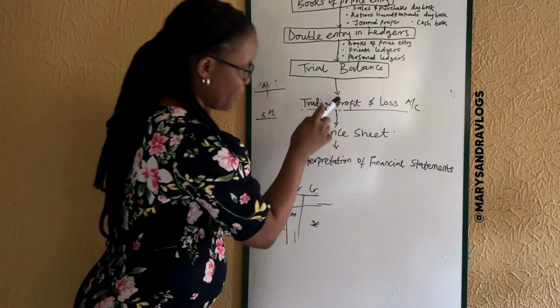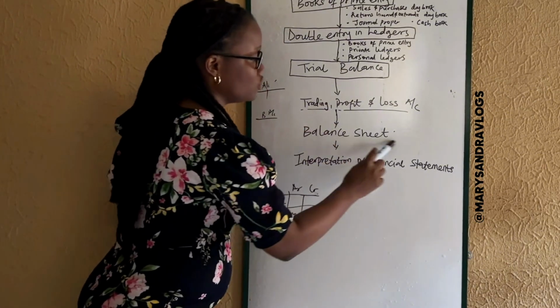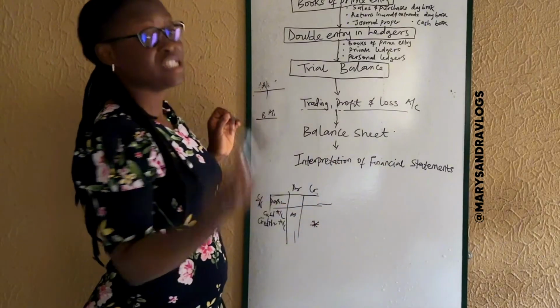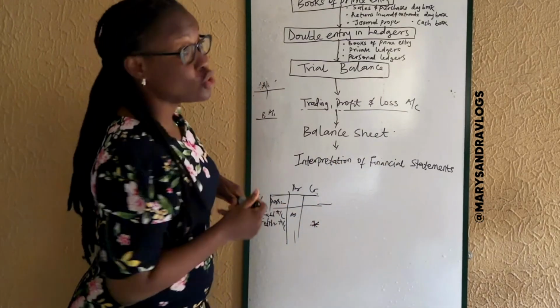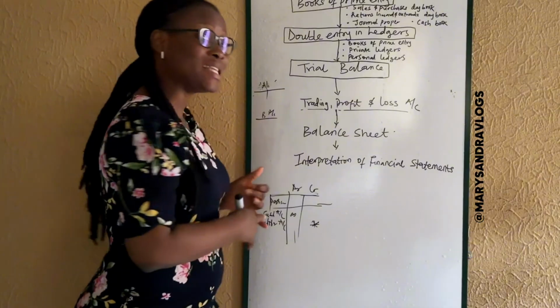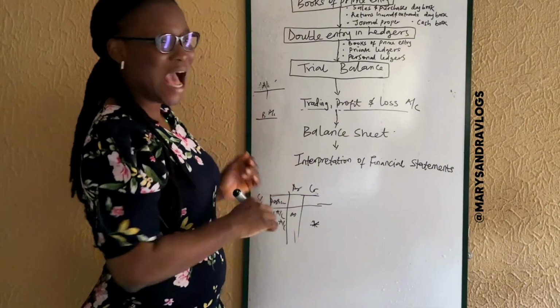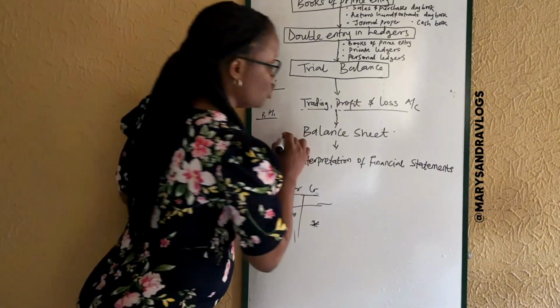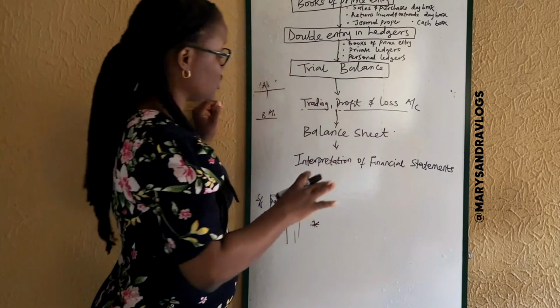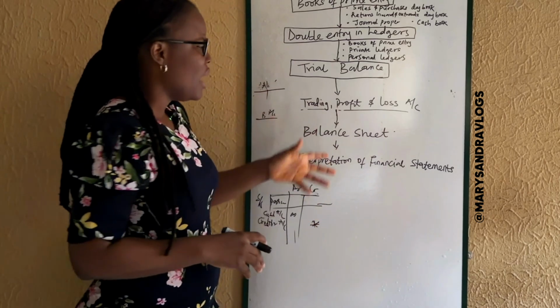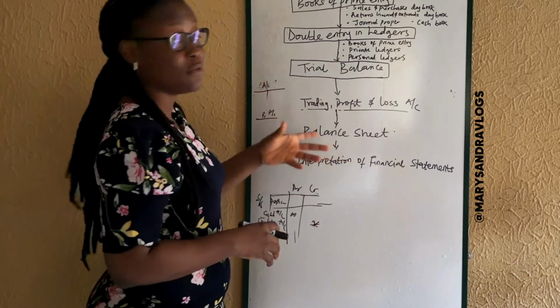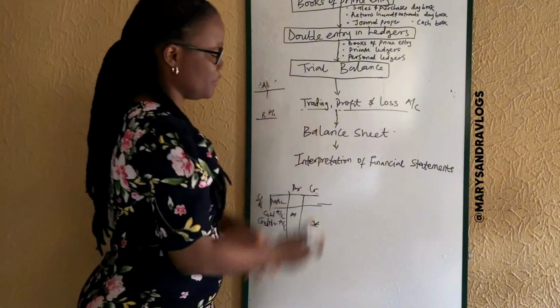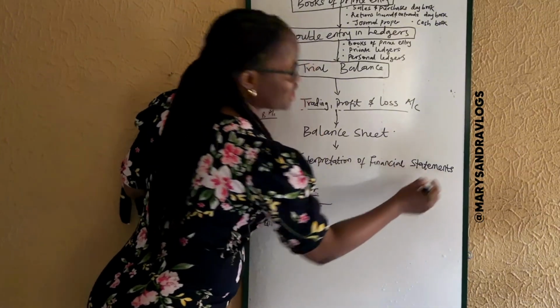Then next, after preparing your trading profit and loss account, you prepare your balance sheet or statement of financial position. It shows the position of your assets, liabilities, and equity as at a particular point in time. So that is what the balance sheet is all about. Then thereafter, we talk about interpretation of financial statements.